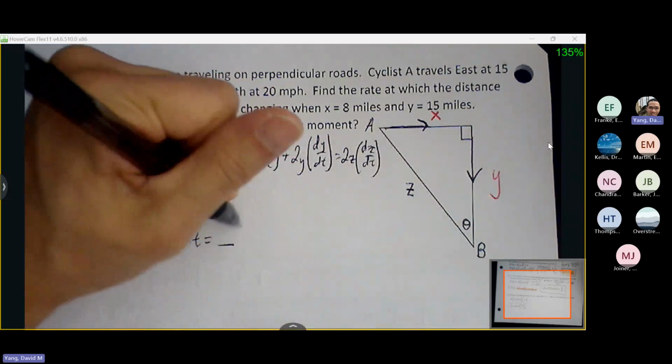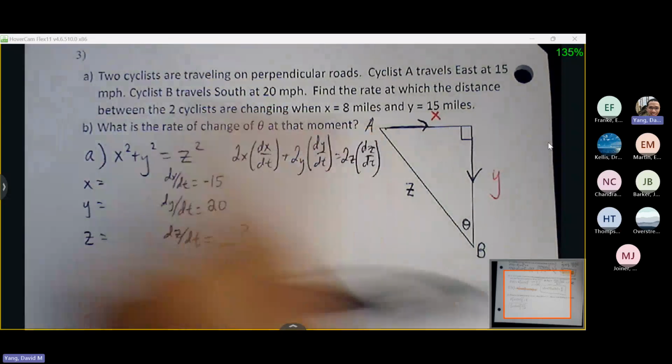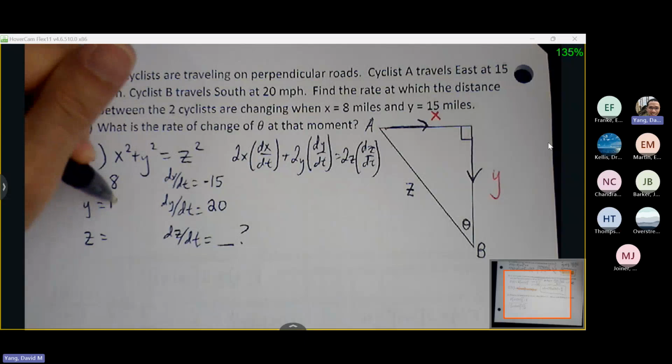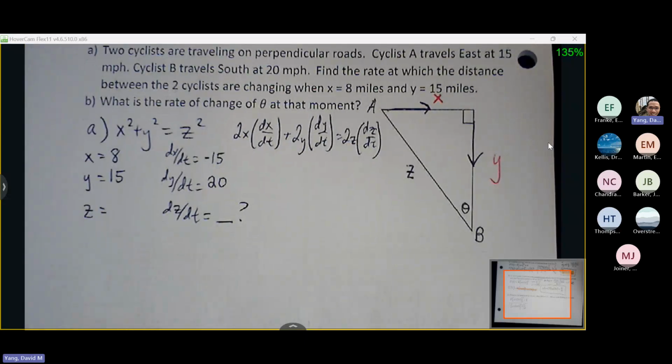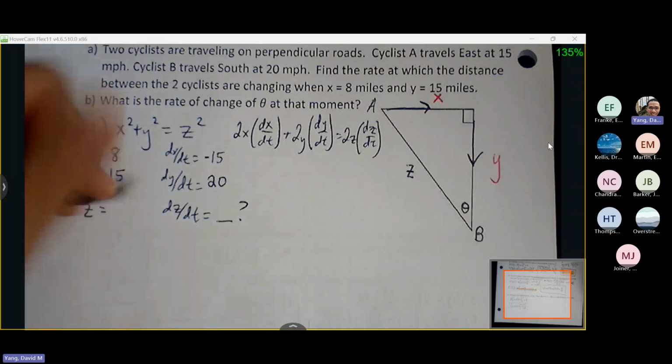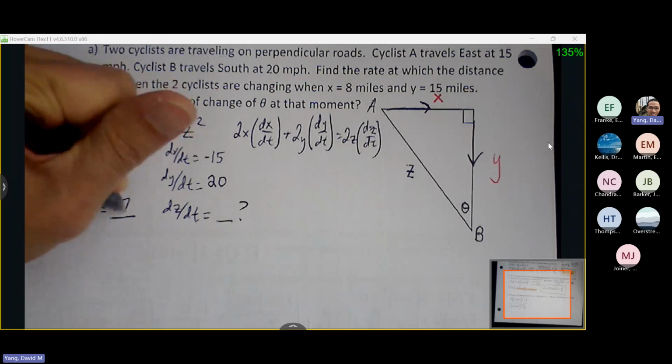We're looking for dz/dt. X is 8, Y is 15. And then we want to find the Z at that moment in time. So Pythagorean theorem, A squared plus B squared equals C squared, ends up giving us 17.